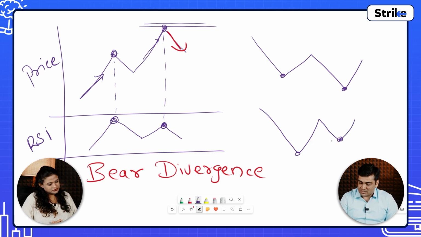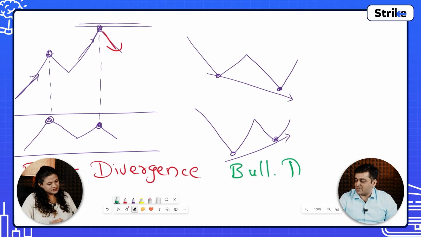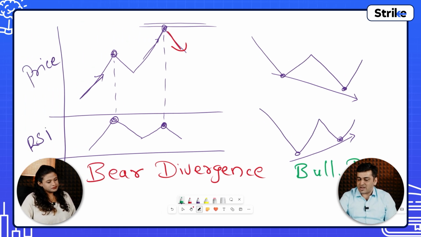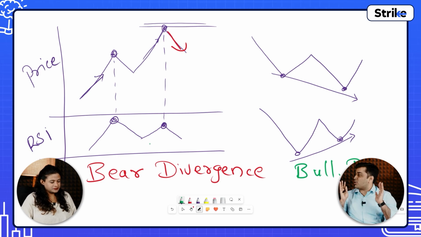So this over here is called bullish divergence. Bearish divergence: prices make a higher high, but RSI does not. Similarly, bullish divergence: prices make a lower low, but RSI does not. Simple to remember, and simple to spot also on a live chart.